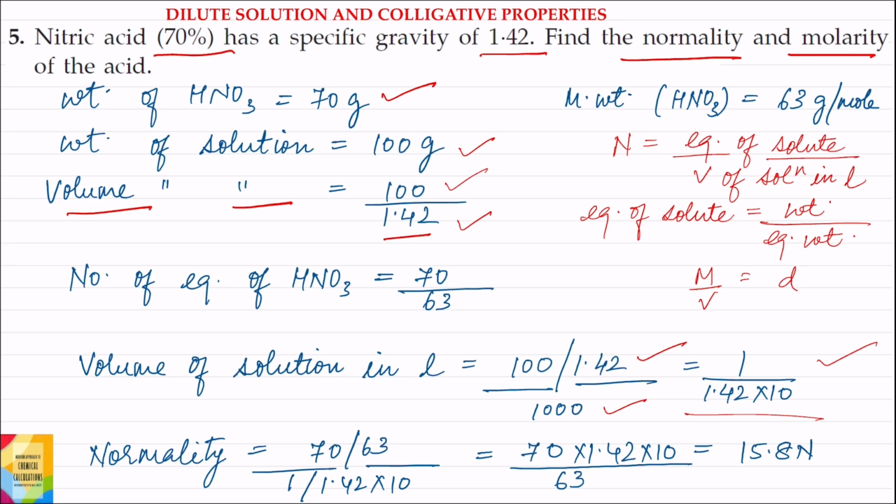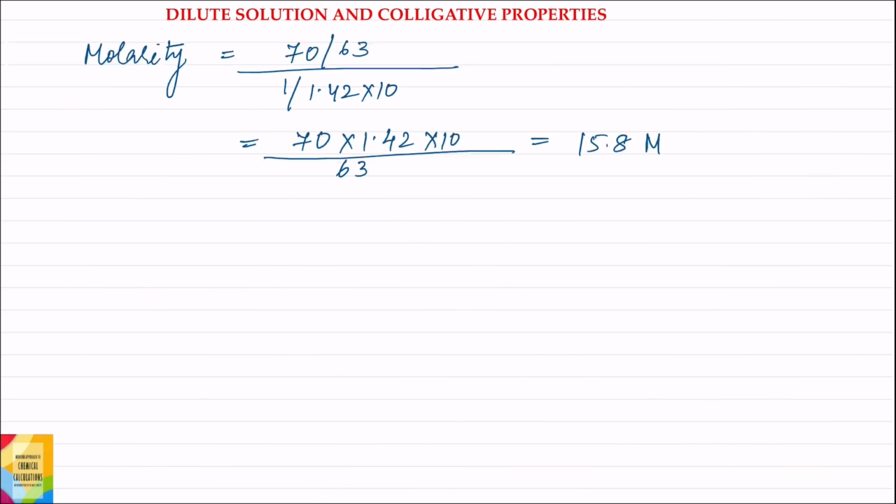Now number of equivalents of HNO3 will be equal to 70 divided by 63. So normality of HNO3 solution will be equivalents of HNO3 divided by volume of solution in liters, and this is equal to 15.8 N. Now molarity.